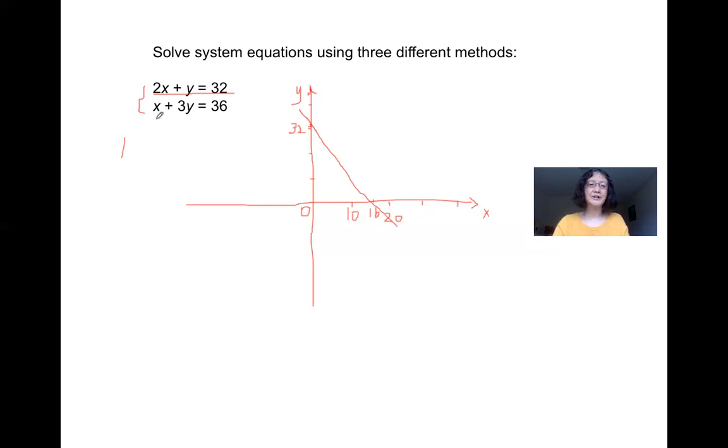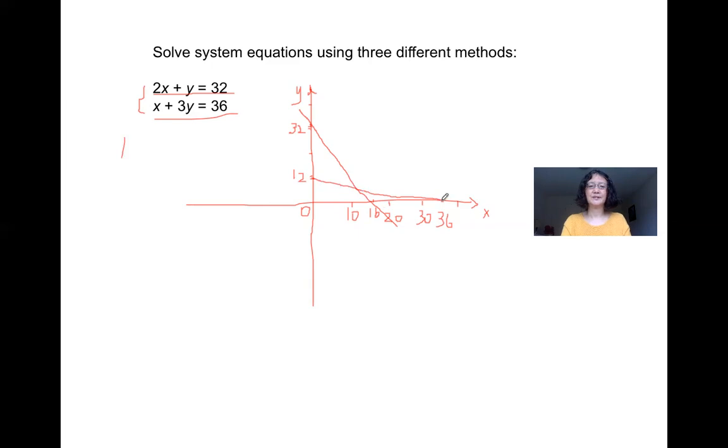For the second equation, when x equal to 0, y equal to 12, so 12 maybe here. When y equal to 0, x equal to 36, so 36 maybe here, because this is 30. Now you draw another line between these 2 points.